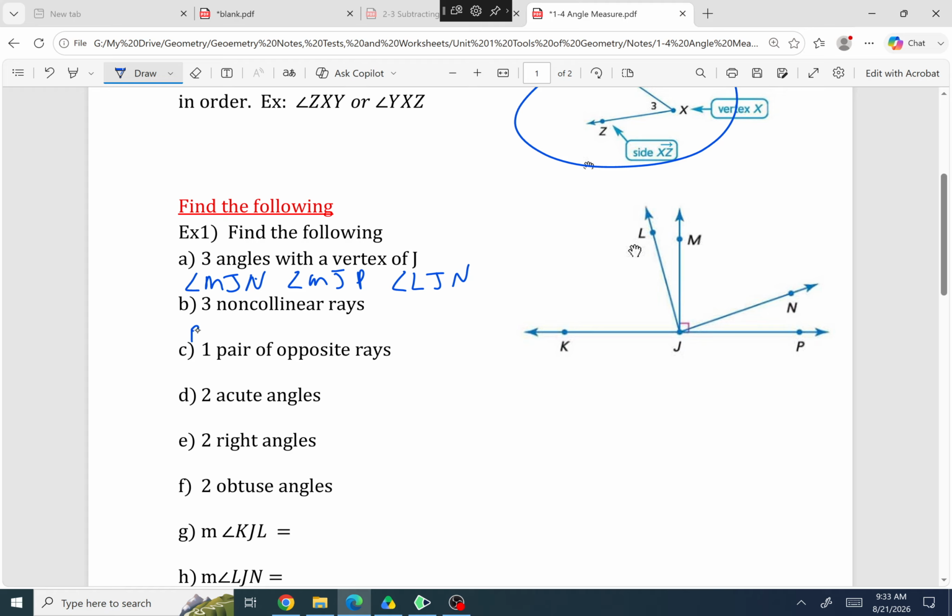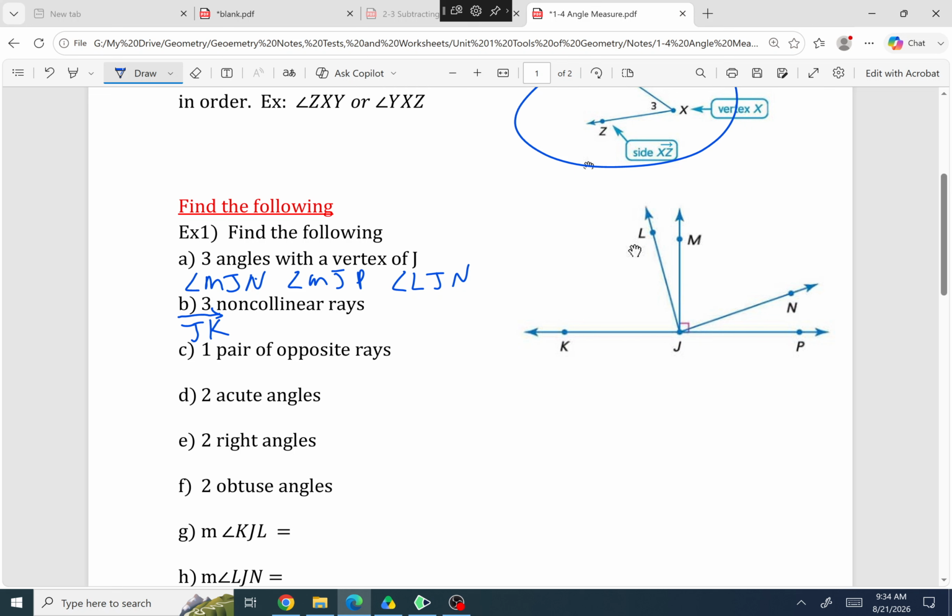I could say JK, right? And we're saying a ray, so how do I write a ray? What's the symbol? Arrow to the right. That's a ray. Ray JK. What else? Could I say JP?